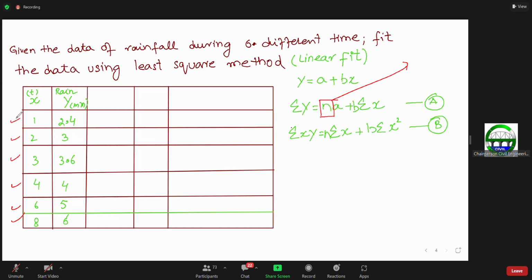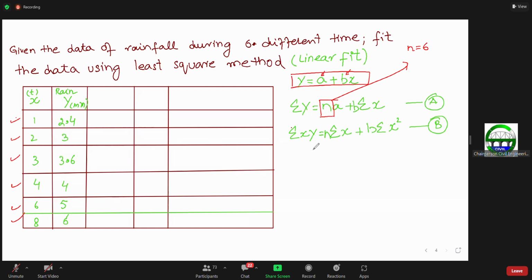So we count here: 1, 2, 3, 4, 5, 6. So n is equal to 6. Now we have to find the values of a and b and put them in here, so this line will represent the best fit line of this particular data.